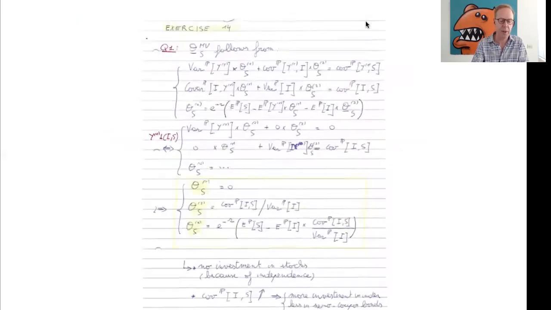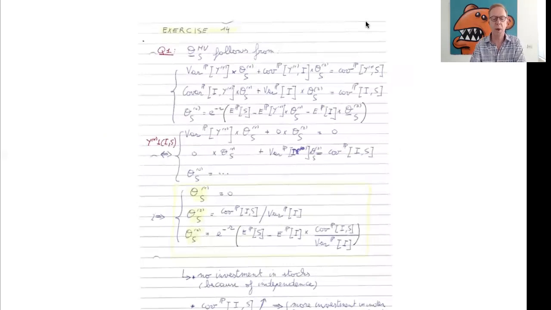Well, the question 1, the mean variance hedge of S follows from this set of equations. We determine theta 1 and theta 2 from these two equations, and then theta 0 follows from this one. Again, we have to calculate a number of variances, covariances, expectations. So we will do that. And then in the end, we find indeed very easily that this is our investment strategy.